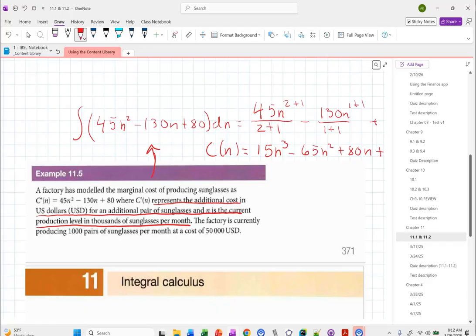It says n is the current production level in thousands of sunglasses per month. So if we're producing 1,000 sunglasses per month, what is n? 1. Notice if you plug 1,000 in, you're going to get a vastly different answer, right?